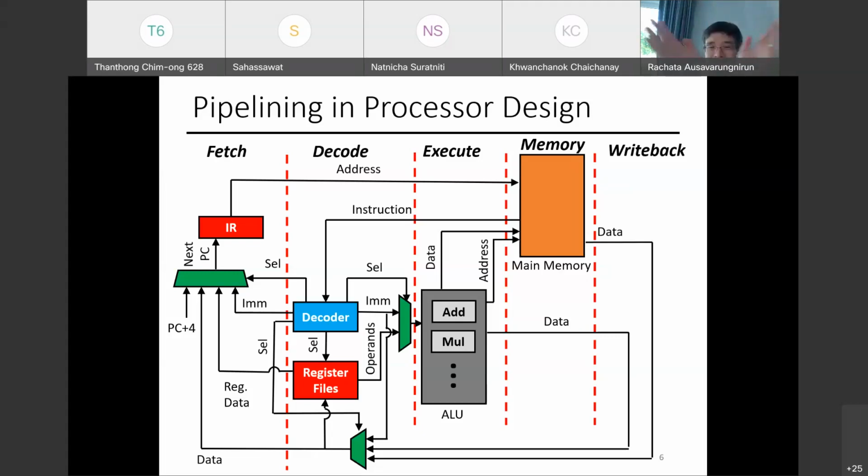And for the purpose of this class, this is how we will pipeline. This is a typical 5-stage pipeline. If you go to read a computer architecture textbook, this would be the classic way to pipeline because each of the stages does its own thing: fetch, decode, execute, memory, and write back. One thing I have to tell you, in a real CPU, you actually slice fetch into multiple stages, decode into multiple stages, execute into multiple stages, right?